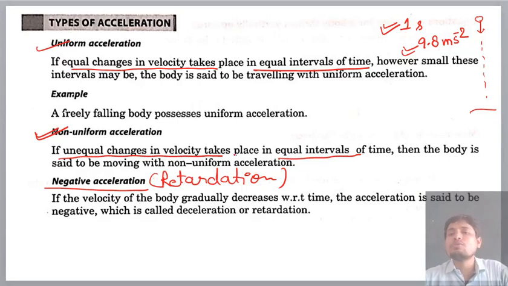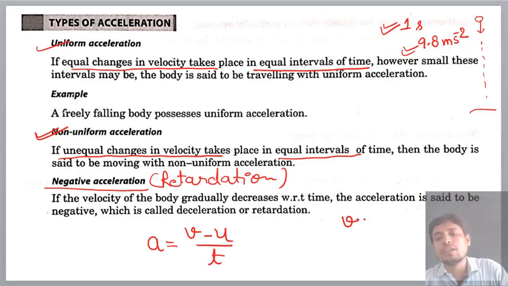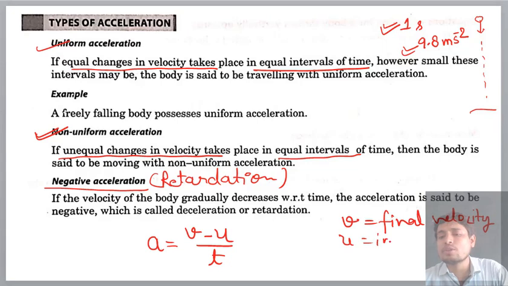Then the formula of acceleration is a equals v minus u upon t. What is v? v is the final velocity. And what is u? u is the initial velocity. And what is t? t is the time interval.